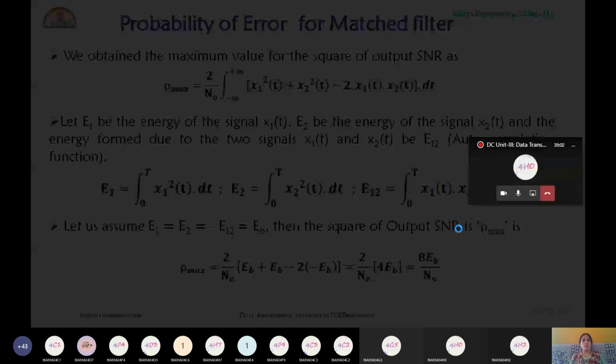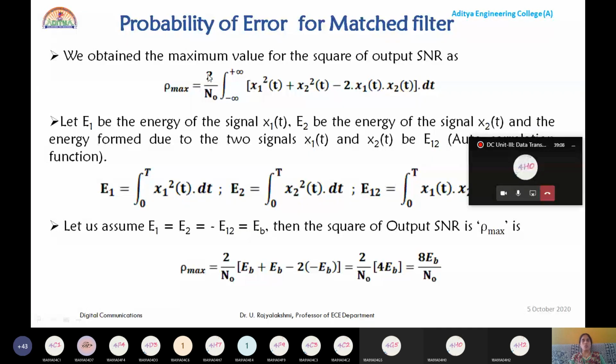So we obtain the maximum value for square of output SNR as rho max is equal to 2 by N naught integral minus infinity to plus infinity, same value I mentioned, that is x1 square of t plus x2 square of t minus 2 x1 x2 dt.